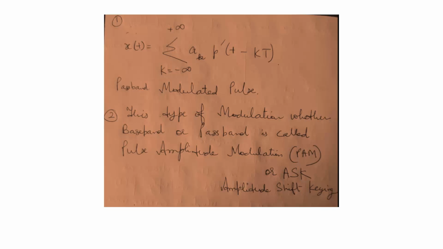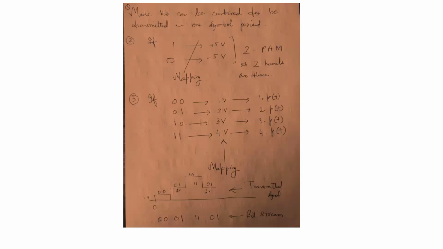That means I can send either 00, 01, 10 or 11. Four combinations can be there if I combine two bits in that symbol period. So more bits can be combined to be transmitted in one symbol period.